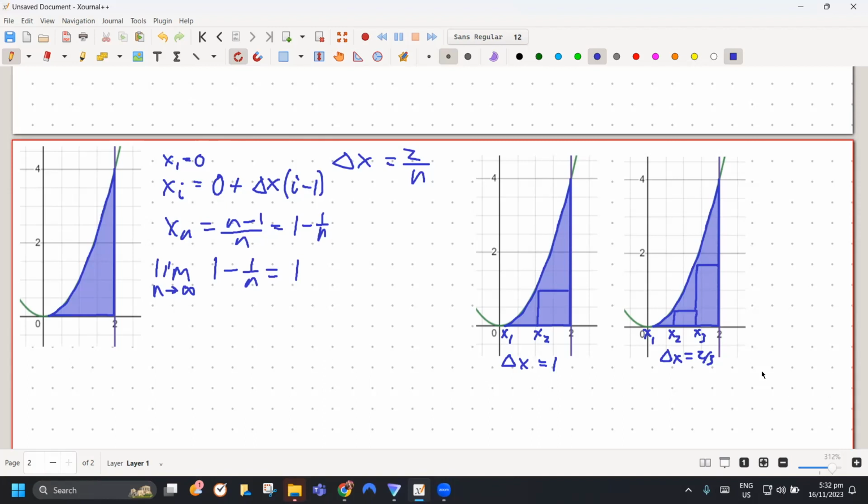What happens? Because we want to check: does it work? Does the expression xi equals delta x times i minus 1 work for this case?